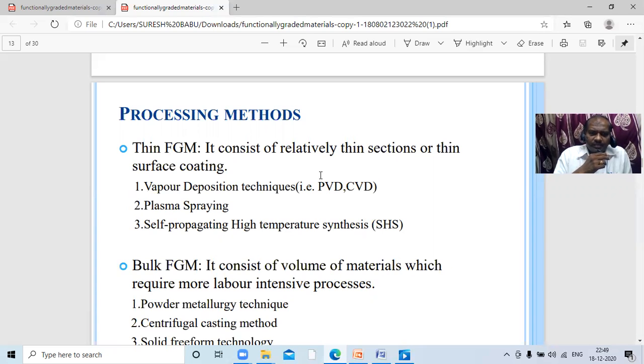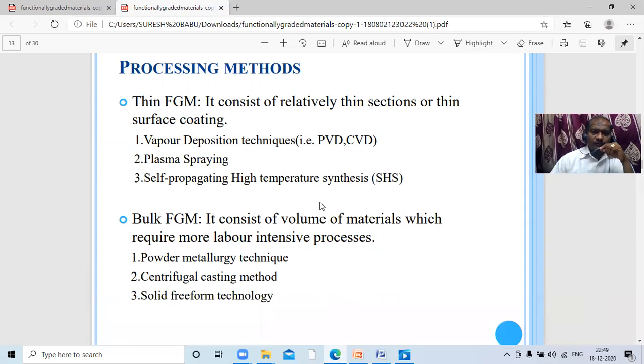Bulk FGM consists of a volume of materials which requires a more labor intensive process: powder metallurgy technique, centrifugal casting method, and solid free form technology.